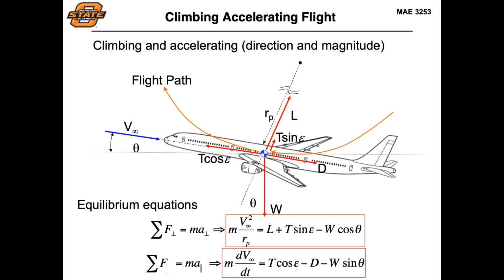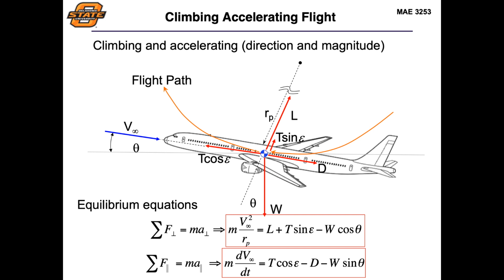Then when we start to perform that transition and climb out, we'll transition from the parallel equation to the perpendicular equation to determine what that radius of pull-out is going to be. And then we transition back into a climbing flight equation. Until then, however, we're going to be using the previous set of equations where we're looking at both level and steady flight and then climbing and steady flight.